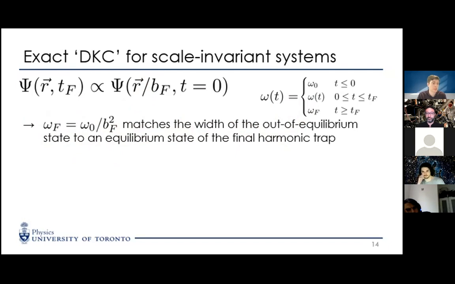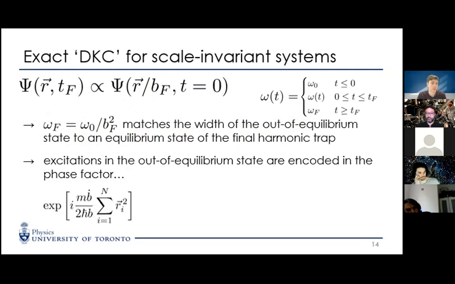But that doesn't mean we have an eigenstate with respect to that final Hamiltonian, because in particular, we can have operator-dependent phase factors in front of this wave function right here. And it's not obvious, but under the assumptions I just outlined, the relevant operator-dependent phase factor is this one right here.